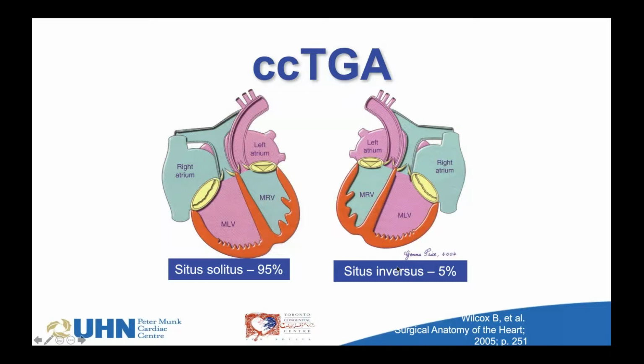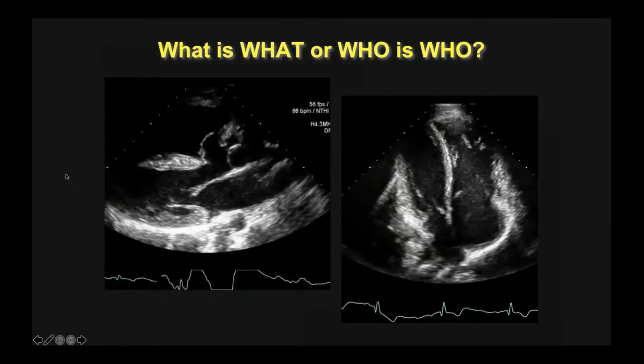So everything is mirror image arranged, and in these patients you do have a D-transposition of the great arteries and the D-loop of the ventricles. So D- or L-TGA should not be used as a synonym to describe CCTGA.